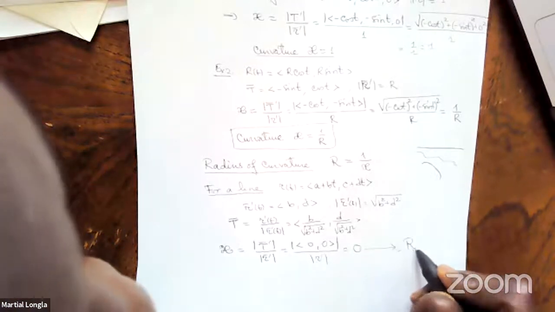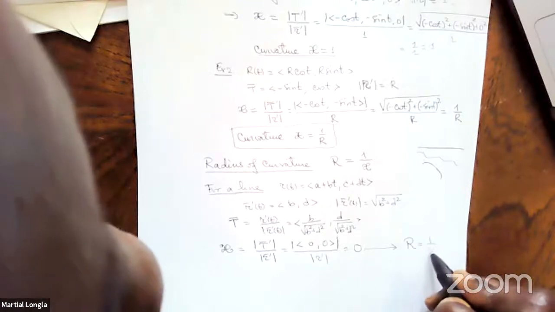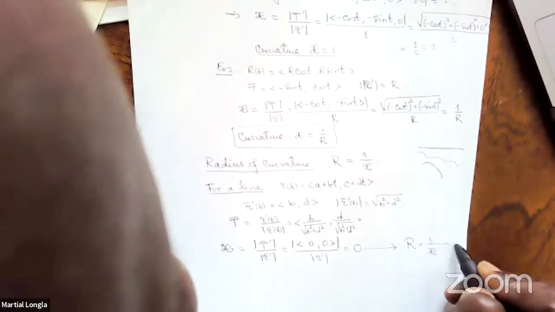So for a line, the curvature is 0, which leads to the radius of curvature, 1 over kappa, going to infinity, explaining what I was saying: the flatter you get, the larger the radius of curvature. Does that make sense?